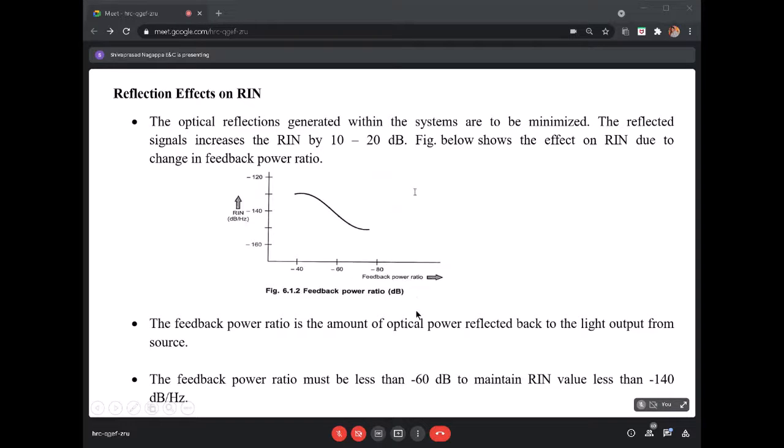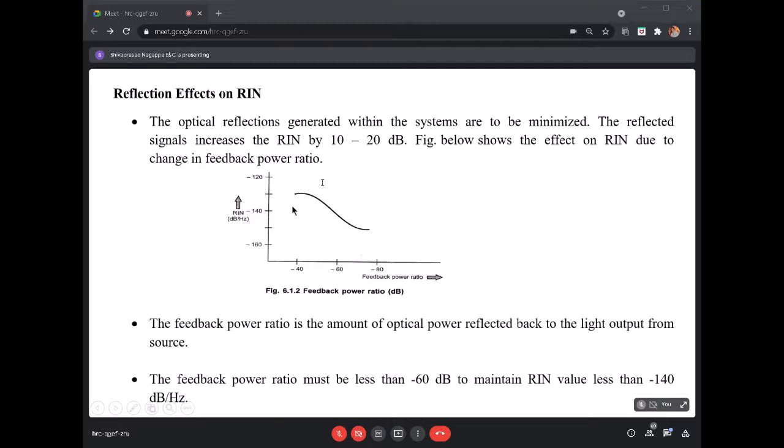First, let me tell you what this feedback power ratio is. The feedback power ratio is the amount of optical power that is reflected back to the light output from the source. So this diagram shows the effect.